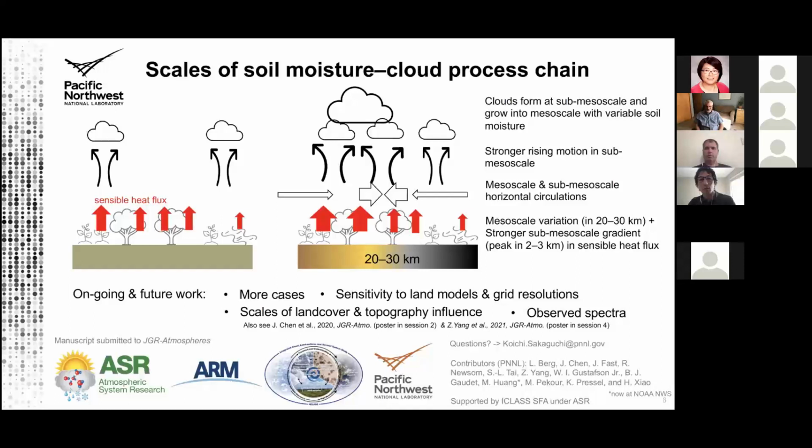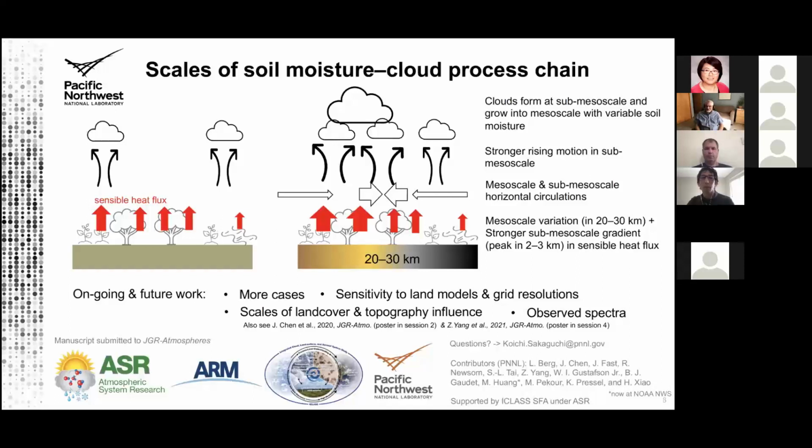When we introduce soil moisture variability, again with the main energy in mesoscale, then the sensible heat flux increases in gradient and also magnitude. That induces mesoscale and sub-mesoscale horizontal circulations. We noted this mesoscale part is really hydrostatic, but the sub-mesoscale is more non-hydrostatic.